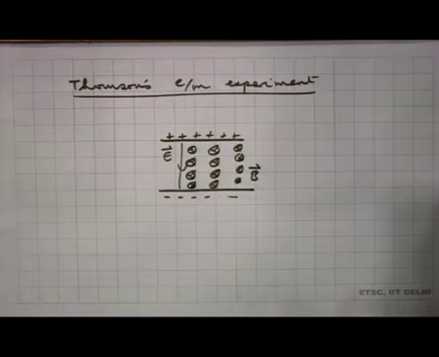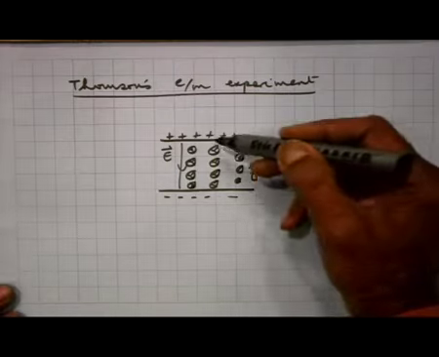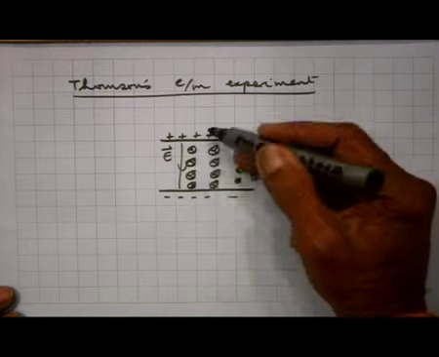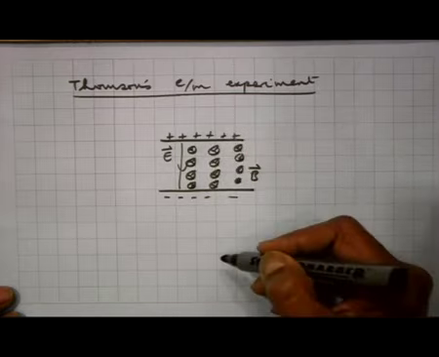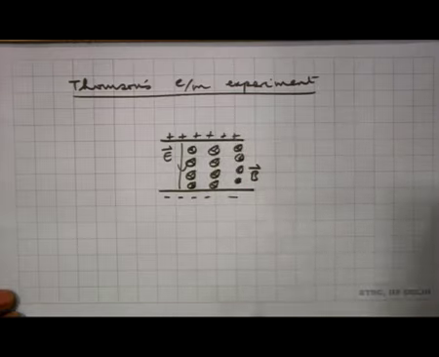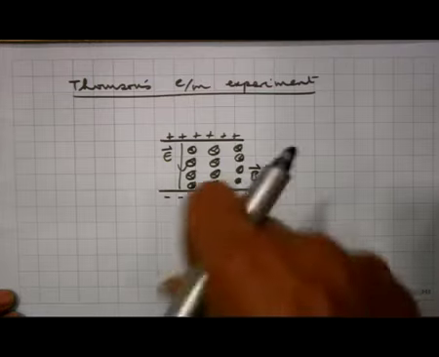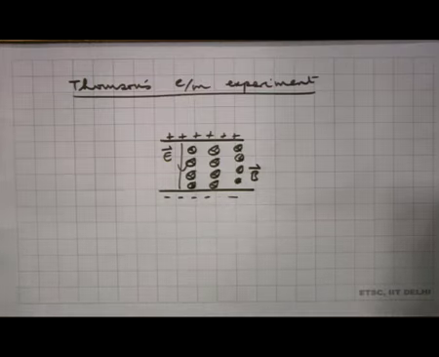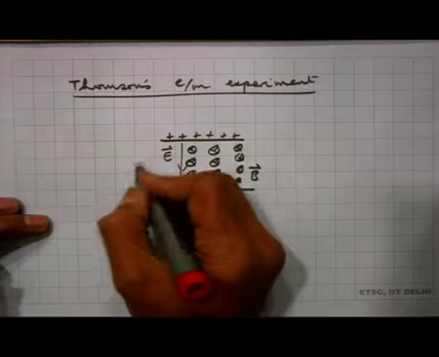So, there is a region of space in which I have an electric field produced by a parallel plate capacitor, a uniform electric field pointing downwards, and a magnetic field produced by some arrangement, pointing downwards.